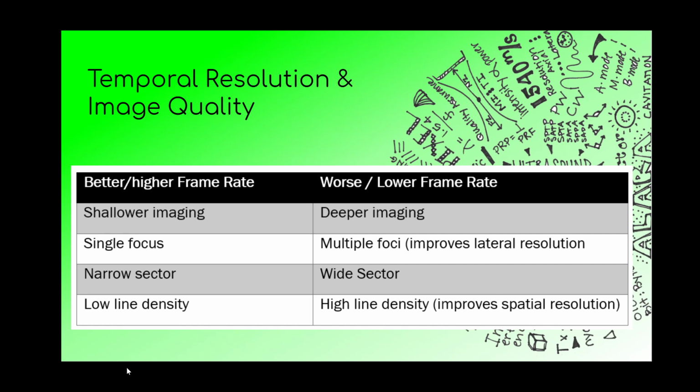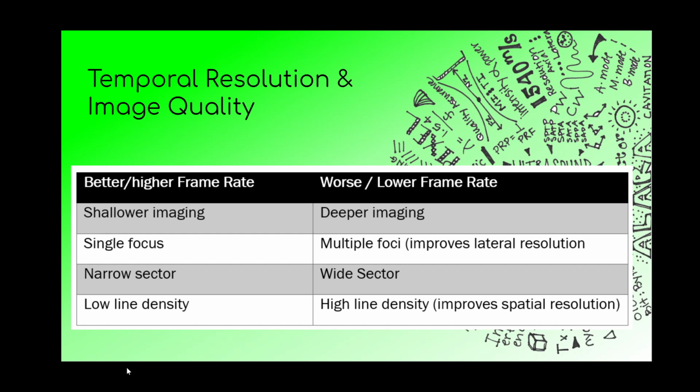So I think your workbook will bring you through a lot of these scenarios very well. The biggest thing that you need to keep in mind while you're working through these is what's improving and what is worsening. Am I getting better temporal resolution, or am I getting better spatial resolution? Am I getting better lateral resolution? And then to recognize that when you create more pulses for a picture, that's going to really bring down our frame rate.